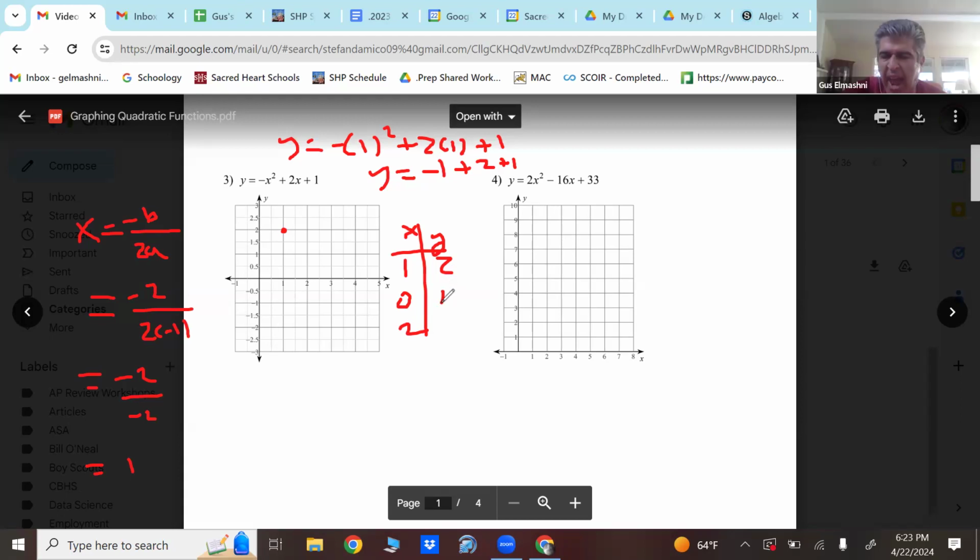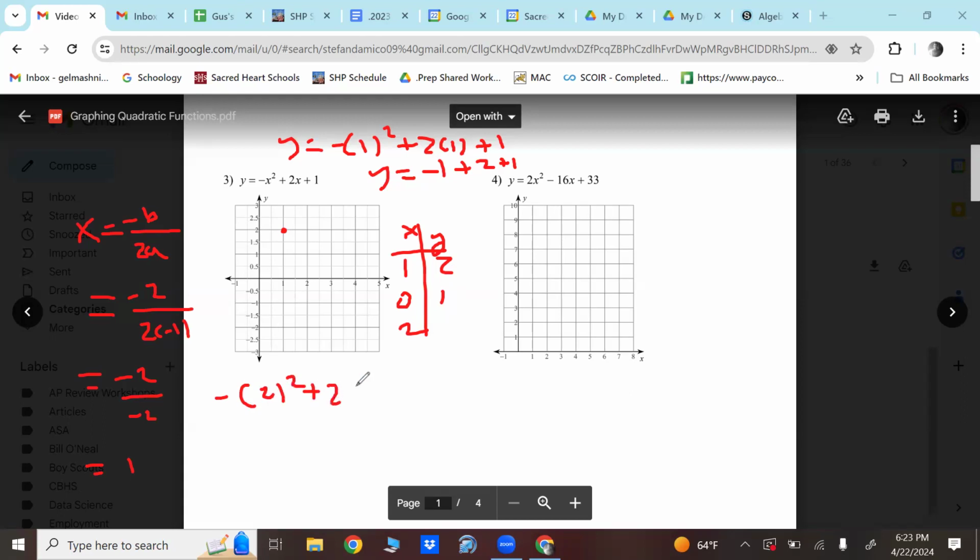Plug in 2, what do you get? It's 1. -4 plus 4 equals 0 plus 1 equals 1.